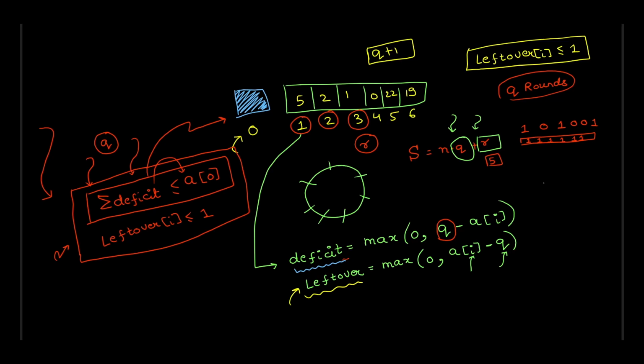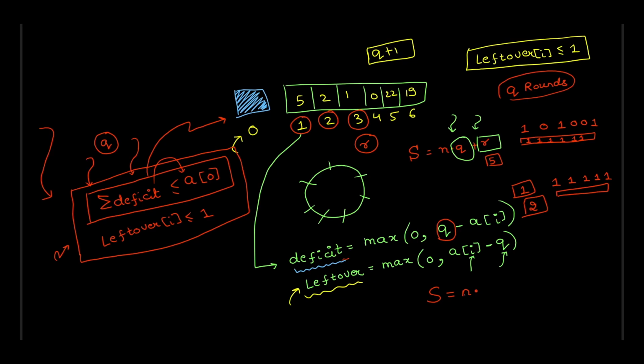Can a situation not arise where you have one ball in each of these persons, and the community box has one extra ball, or let's say two extra balls? Can this situation not arise? The answer is that it will not arise, because again, it all boils down to Euclid's division lemma.